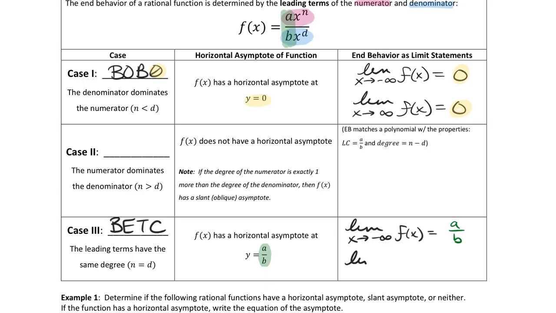The limit as x approaches positive infinity for f of x is equal to a over b as well. Whatever that number is, you just repeat it for both the left side end behavior and the right side end behavior. So if you're like, Miss Quickly, but why Betsy? C stands for coefficients. So you're dividing the coefficients. Betsy.